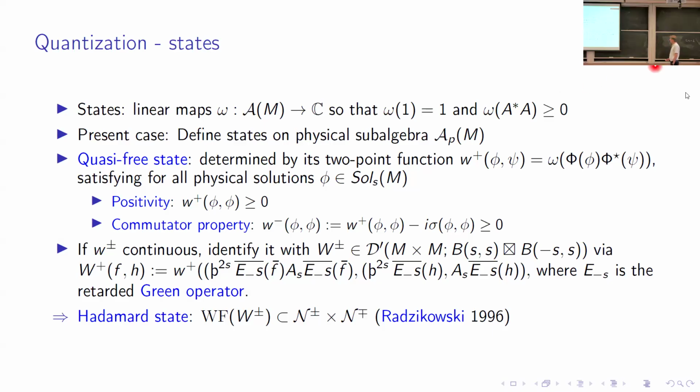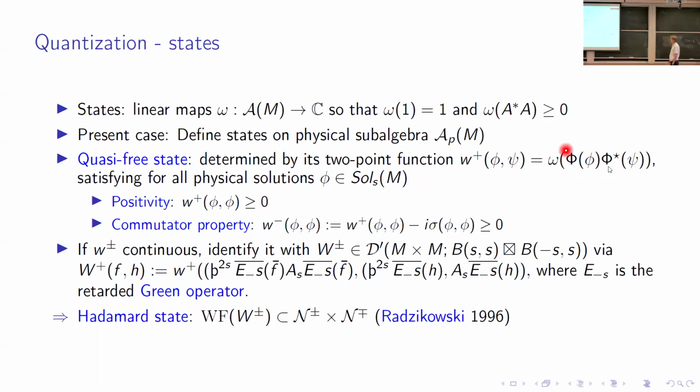And then one thing that you can do is to take phi star of psi, phi of phi. This is not optimized for our presentation, but we'll see what it is. And there are states which are called quasi-free, which are completely determined by this one.